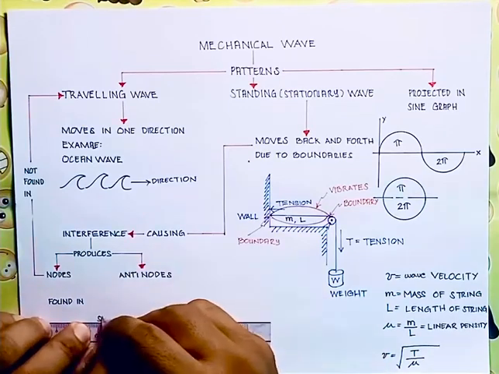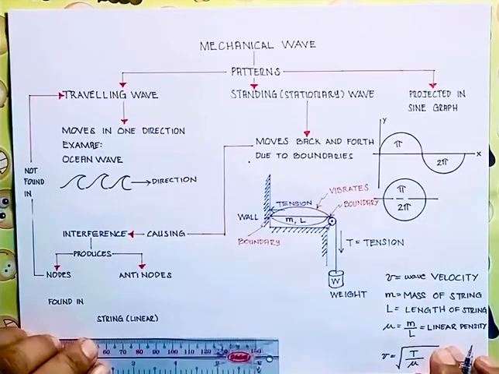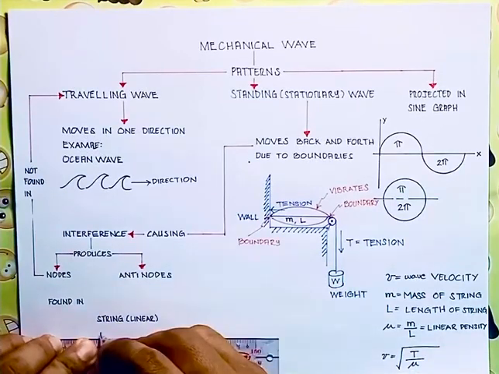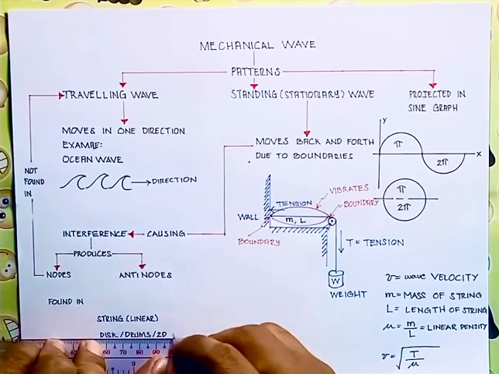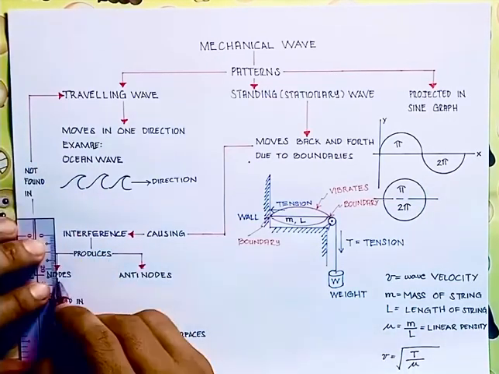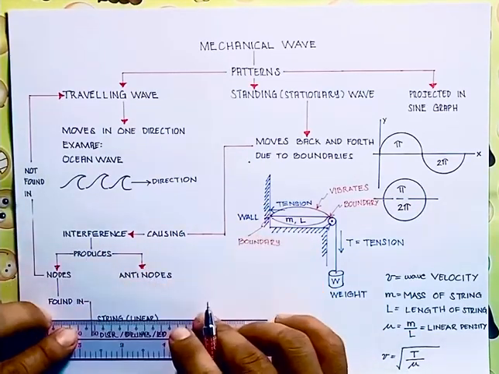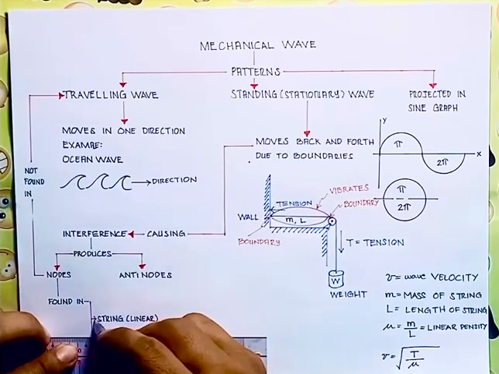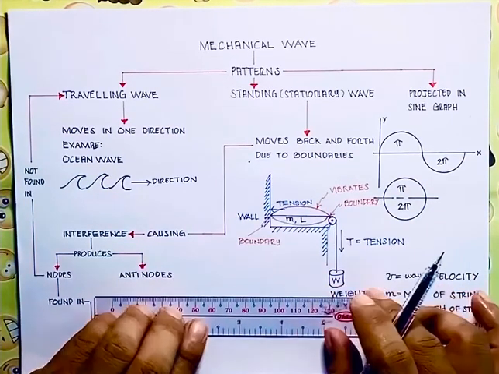Well, nodes are found in strings that have boundaries at both ends, and at the same time in discs, drums, and other surfaces. For example, if there is a vibrating surface and you put sand on it, then you will be able to see the different shapes of the nodes on a 2D surface.